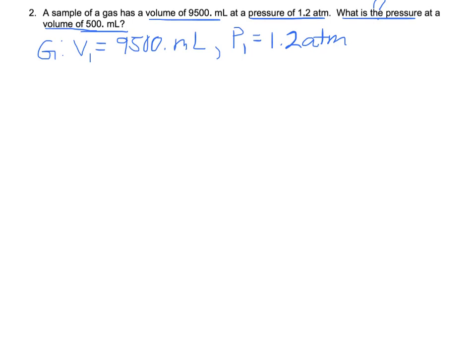Remember, ATM stands for atmospheres. And then we are also given the final volume, which we label as V2, is 500. milliliters. And that one also has a decimal after it. We know that we're looking for the final pressure, which is P2. And we know from our initial pressure that our units are going to be atmospheres.